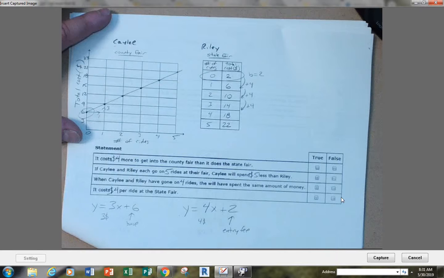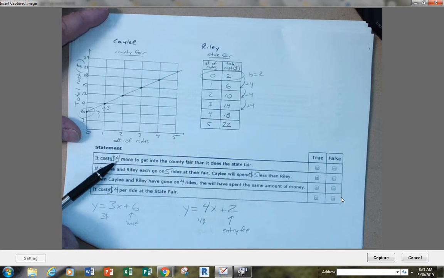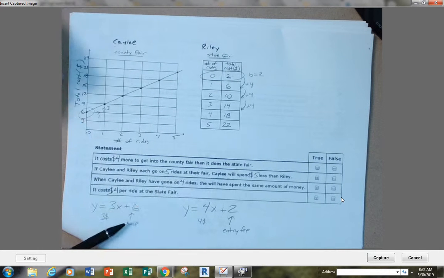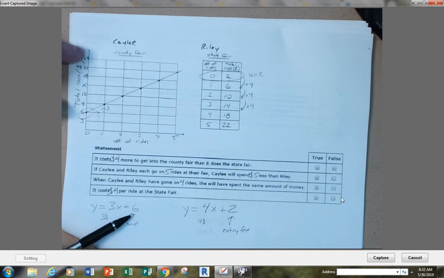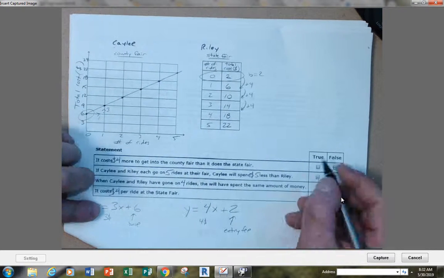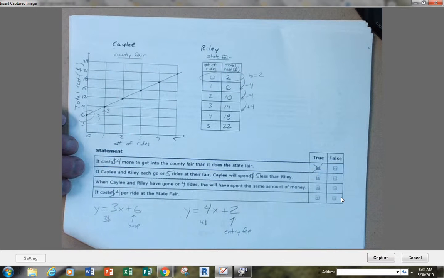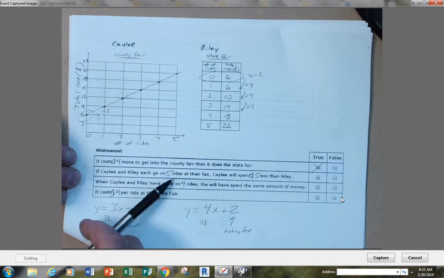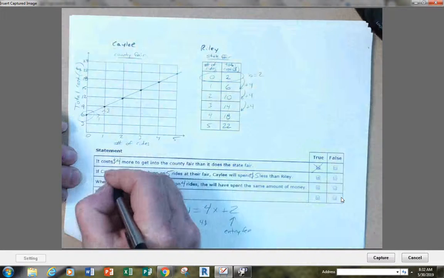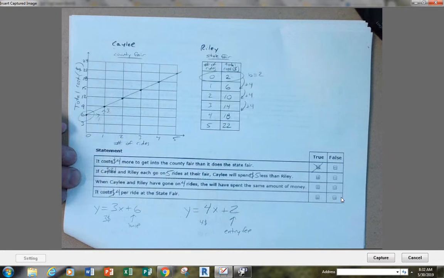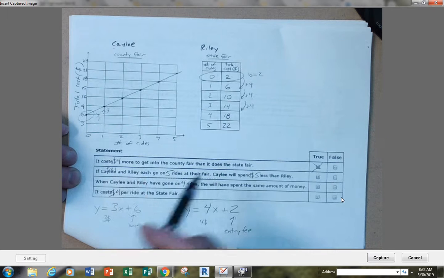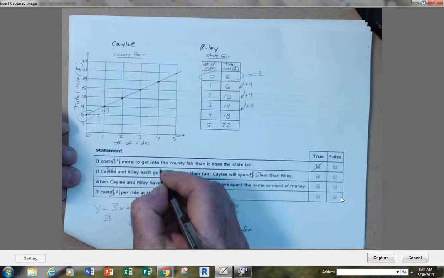So here we go. It costs 4 more to get into the county fair than the state fair. So the county fair costs $6, state fair $2. Yep, that is 4 more. Kaylee and Riley, 5 rides. Let's see. Kaylee after 5 rides, $21. Riley after 5 rides, $22.